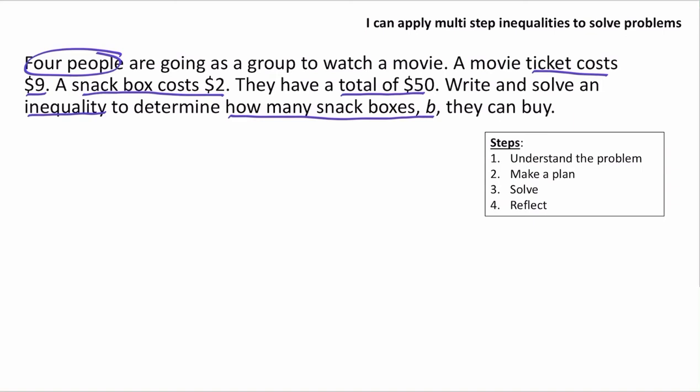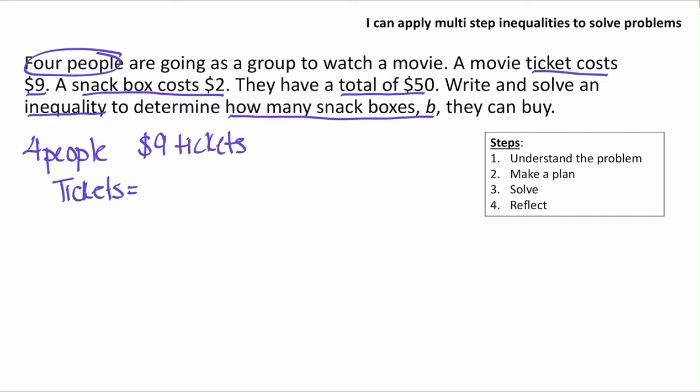So let's outline the information that we have. We have 4 people, and we're going to pay $9 per ticket. So $9 for tickets. Okay, so we know that all 4 of them are going to watch the movie. So 4 people for $9 per ticket. That means that for tickets, we're going to spend a total of 4 times $9, which equals $36.